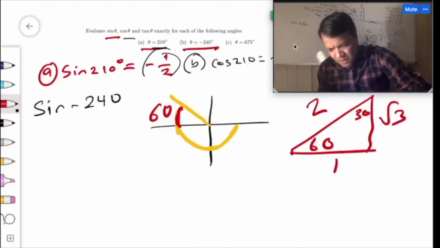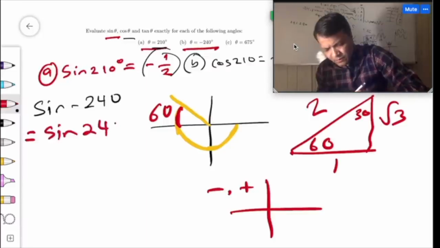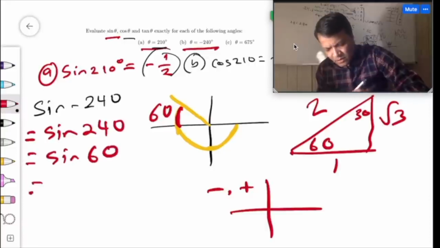Then here in quadrant 2, cosine is negative and sine is positive. So sine negative 240 is equal to sine 240, which is equal to sine 60, which is y over r.